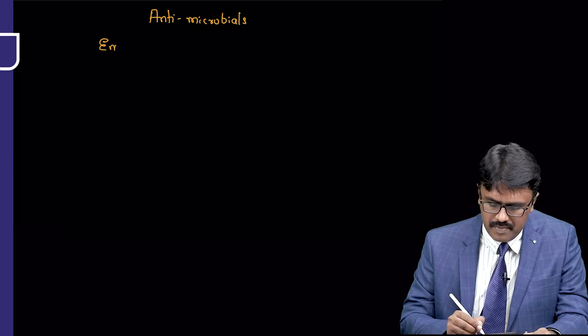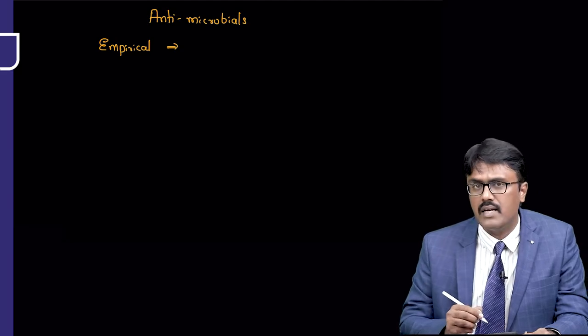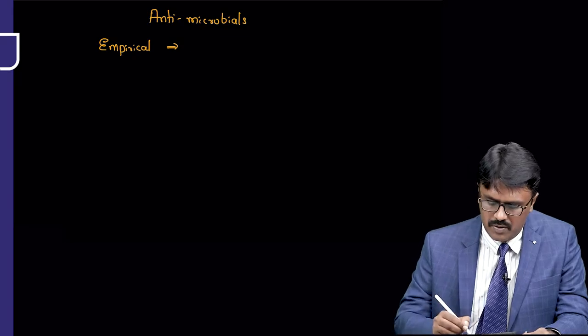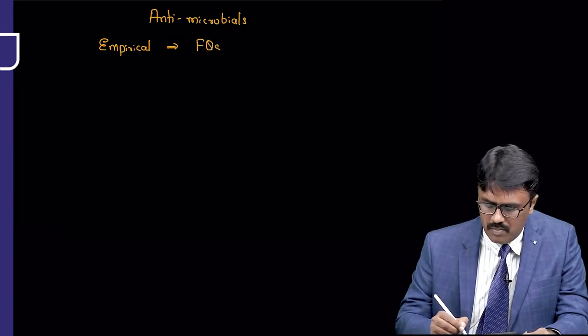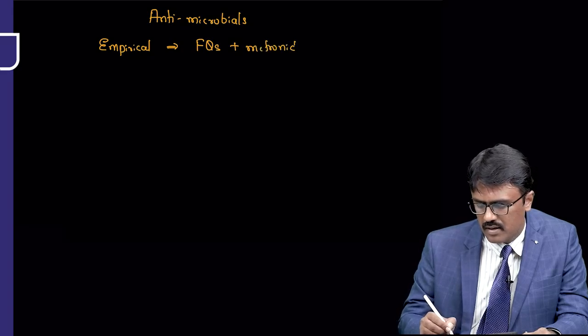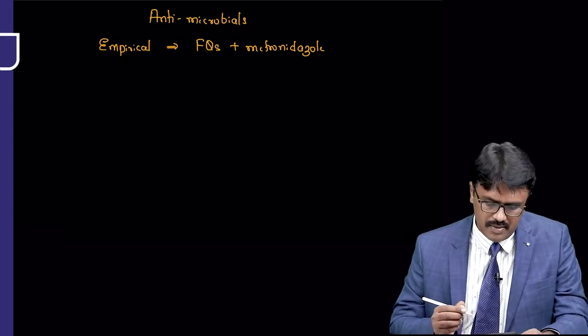Empirically, any diarrhea, if you suspect it is due to bacteria or due to Entamoeba histolytica, that is amoebiasis, we give fluoroquinolone plus metronidazole. That will cover gram positive, gram negative, anaerobes, as well as amoebiasis.